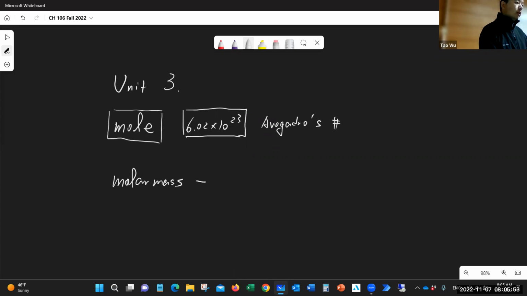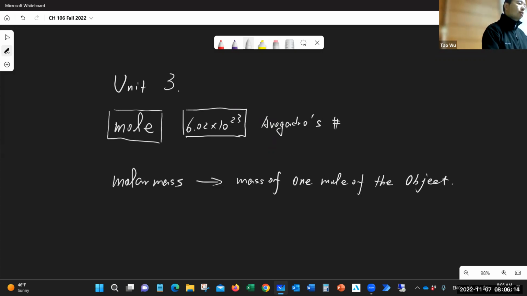The molar mass is just the mass of 1 mole of the object. So if we have 1 mole of those molecules or ions or atoms aggregated together, what is the mass? That is the molar mass.